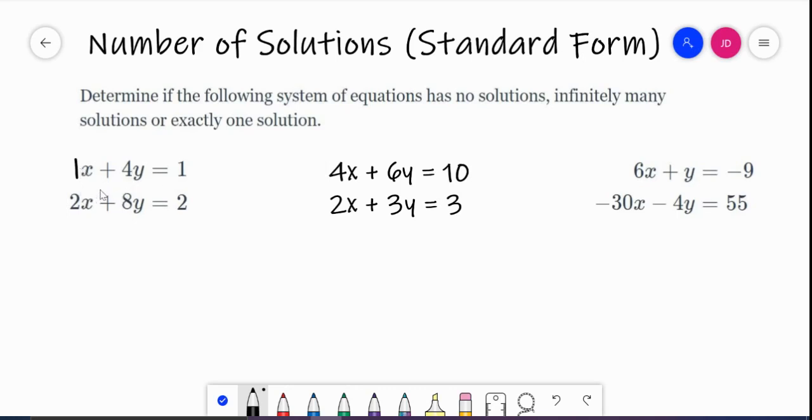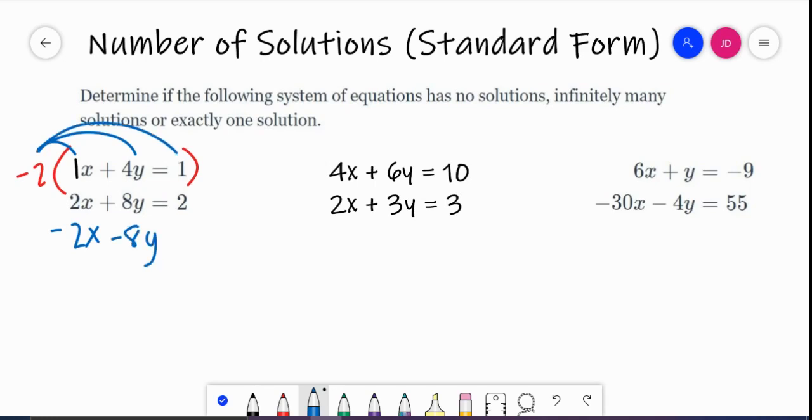Let's try distributing. If I distribute -2 to this top equation, I get -2 times 1x is -2x. -2 times 4y is -8y. -2 times 1 is -2.